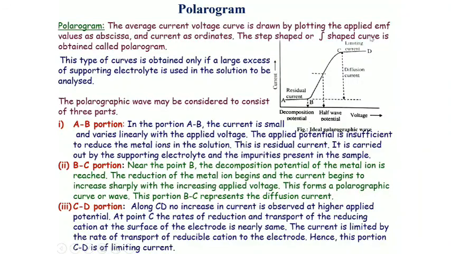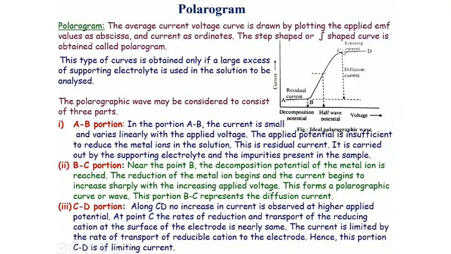This is the polarogram. The polarogram has three regions, AB, BC and CD. The AB region shows residual current, and it is due to the impurities and supporting electrolyte. The BC region shows diffusion current, and this current is due to the electrolysis of test cations present in the solution.